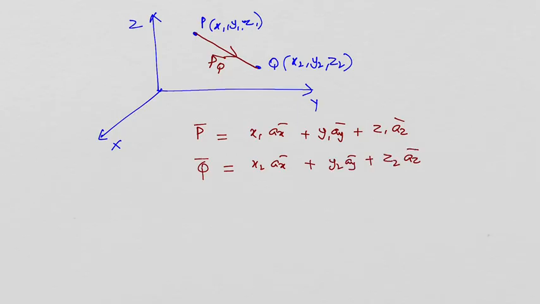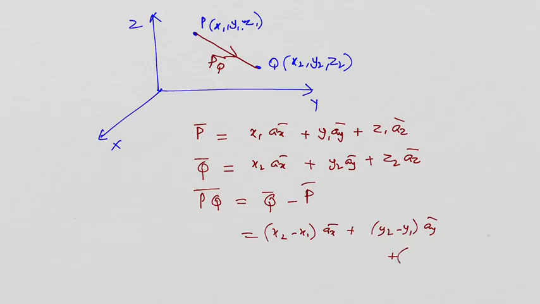So obviously the vector starting from P directed to point Q, the distance vector, is represented as the difference Q minus P. The origin is P, the destination is Q, the vector starts from P, so this is represented as x2 minus x1 aX plus y2 minus y1 aY plus z2 minus z1 aZ.